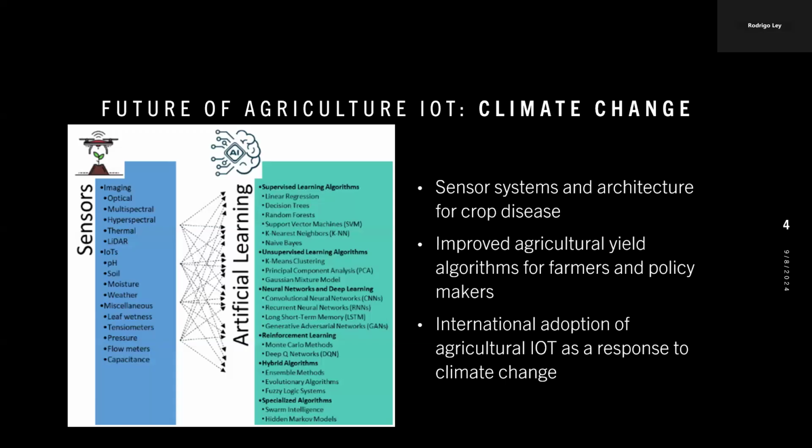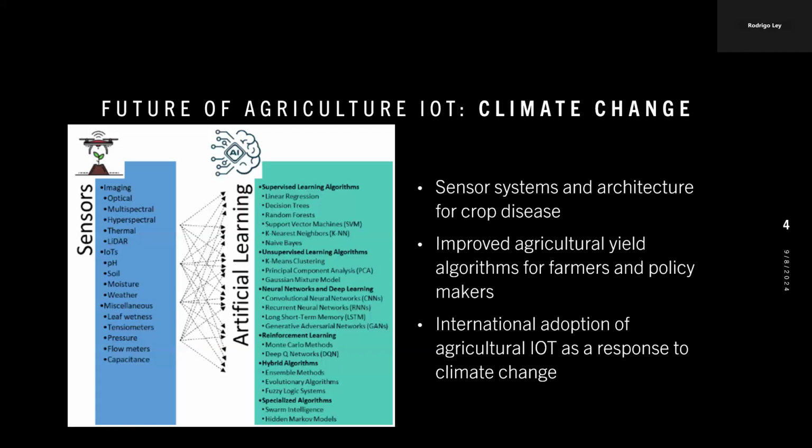Next is crop yield algorithms. Here, researchers are proposing it at two levels. One is the local level: you have farmers with sensors out in the fields, and developing better algorithms that consider climate change will help them better predict yield.